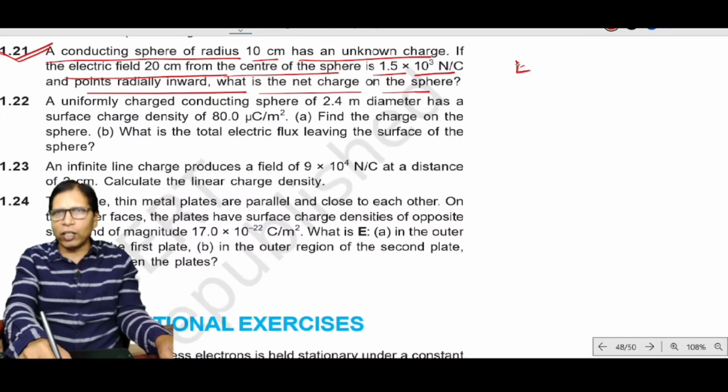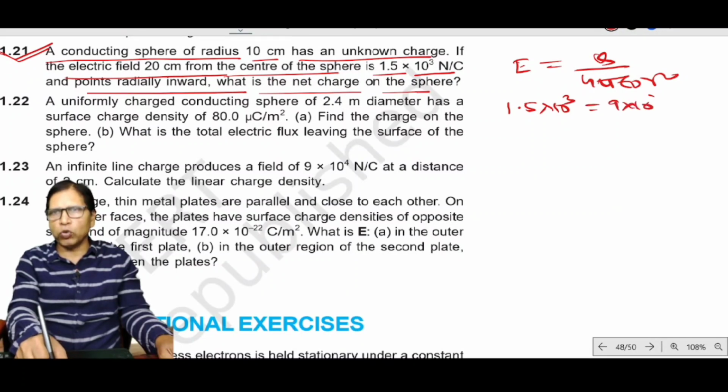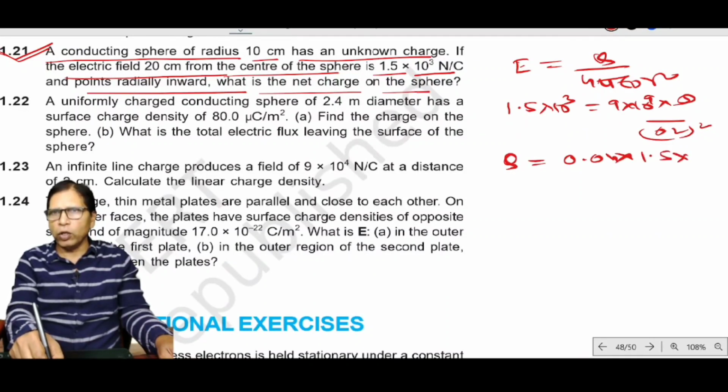Now the field E equals Q divided by 4 pi epsilon naught r square. E is 1.5 into 10 to the power 3, which equals 9 into 10 to the power 9 times Q divided by 0.2 whole square. So Q equals 0.04 into 1.5 into 10 to the power 3 whole divided by 9 into 10 to the power 9.